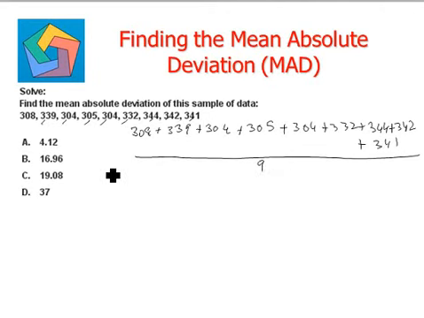Now this totals up to 2919 divided by 9, which equals 324.33. Now we'll find the absolute value of x minus x bar.